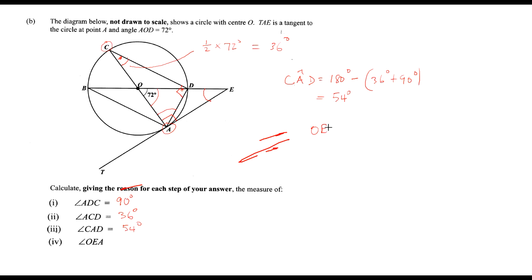So OEA is equal to 180 minus 72 plus 90, and this will give us 18 degrees. So angle OEA is 18 degrees.